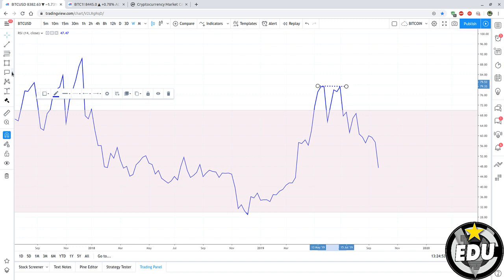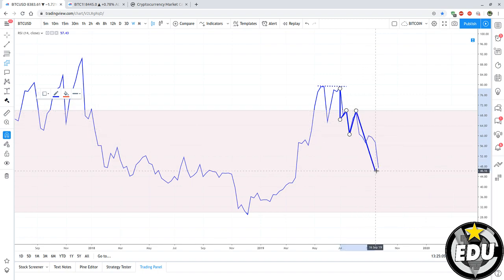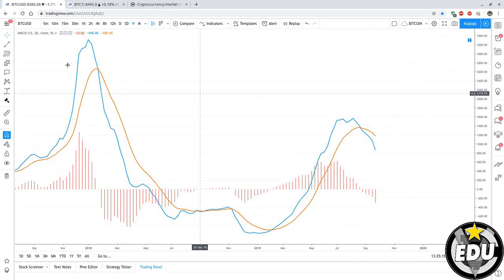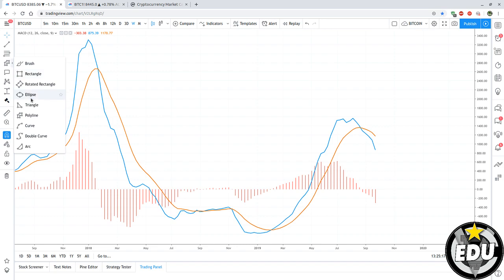Price dropped below 70. It made almost 2 failure swings of RSI, then boom, dump all the way down.